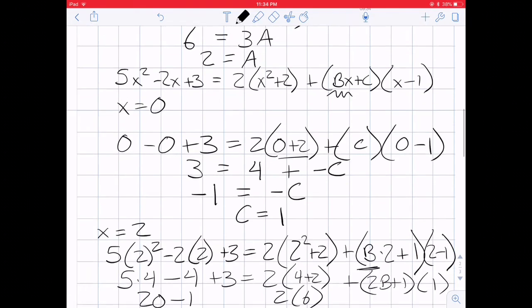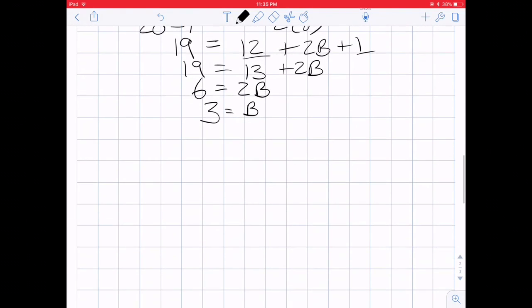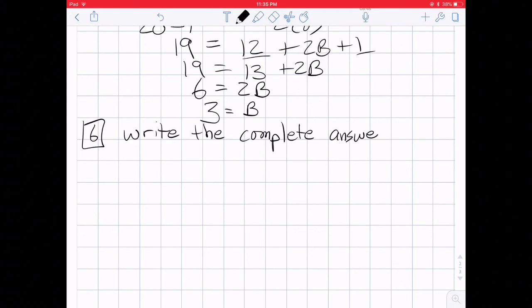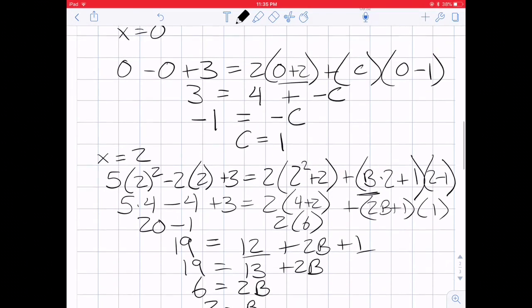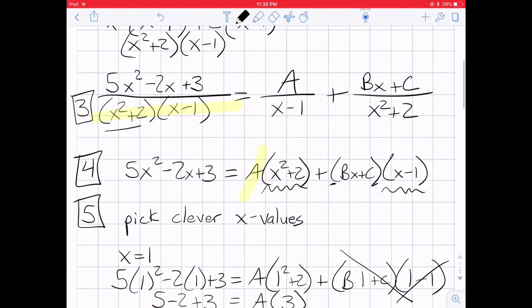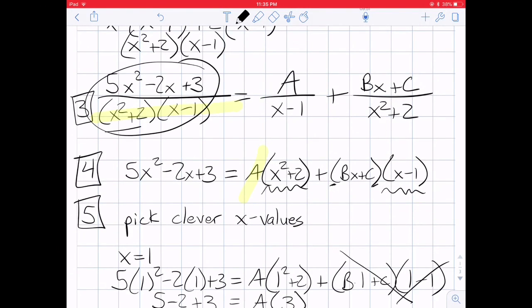Oh, and you know what I almost forgot? Step 6. I was just going to give up, but we have to write the complete answer. Because remember, our original expression, this thing here, needs to be equal to some stuff that I have to replace with A's, B's, C's for numbers.